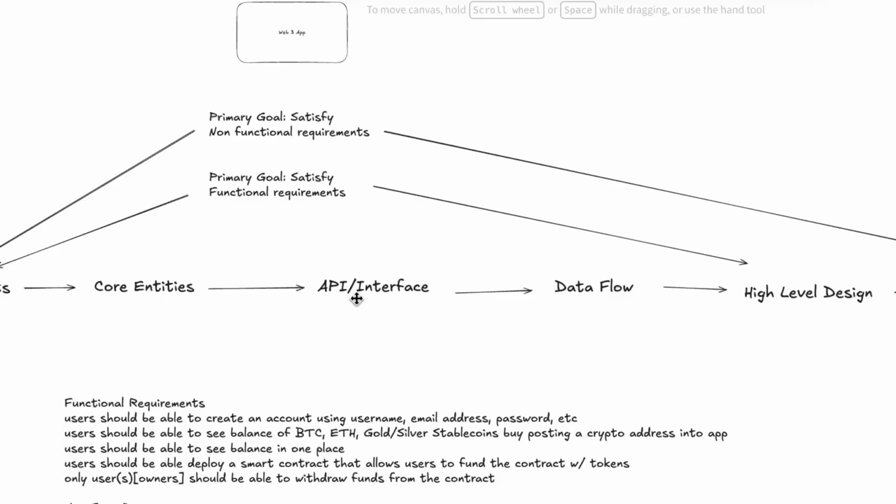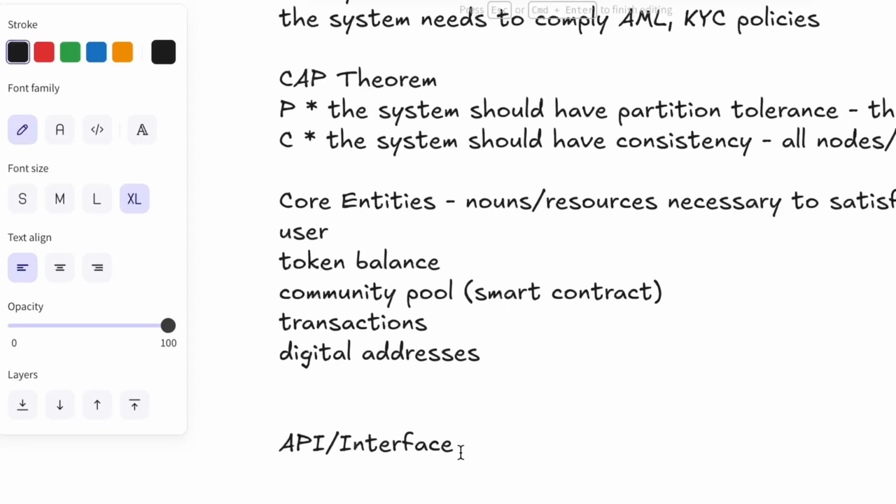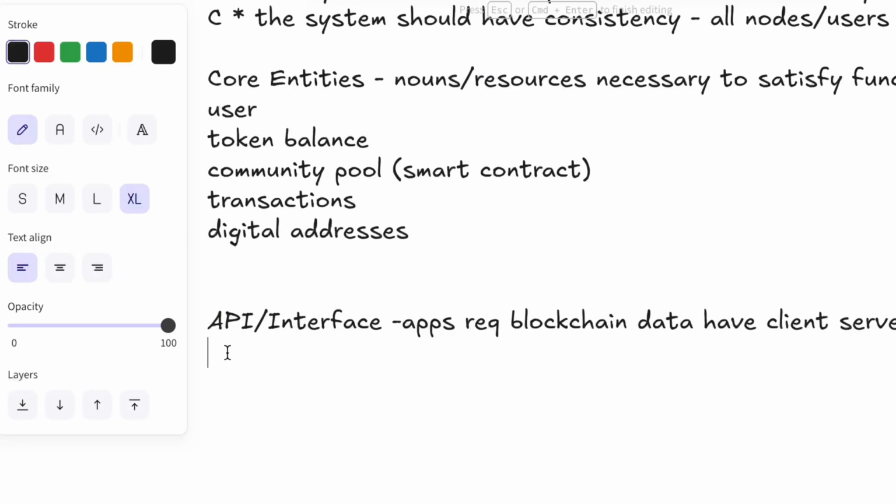We're really just thinking about what our application is posting and what it needs to get from other applications. Thinking about APIs from a Web3 aspect, apps requiring blockchain data have client-server models, and that client-server model is the RPC node. So next, we want to write our APIs.